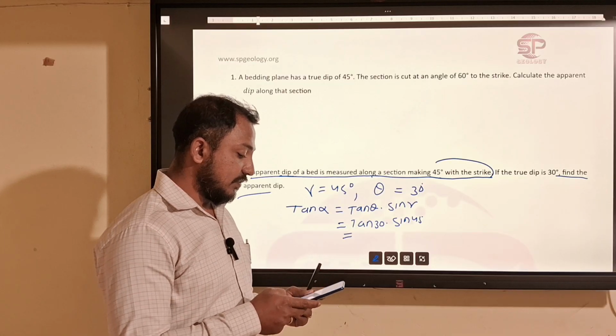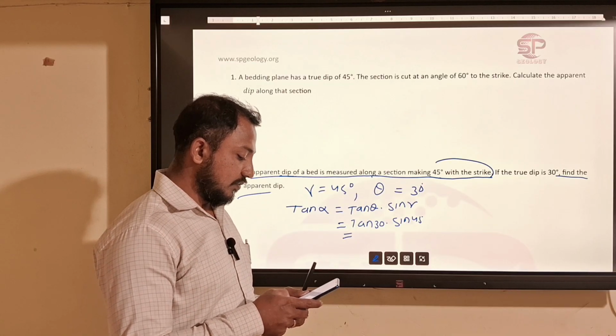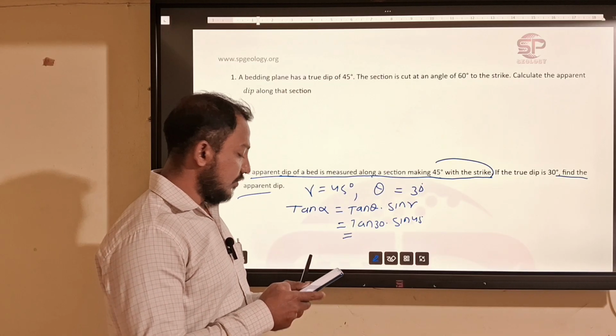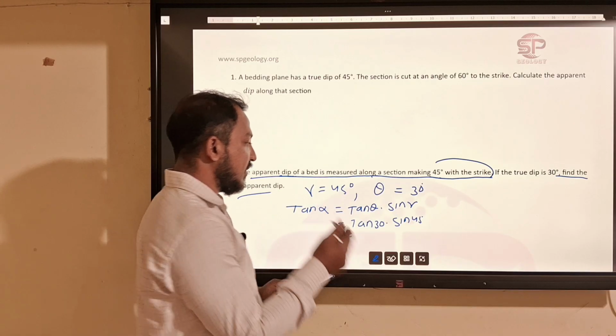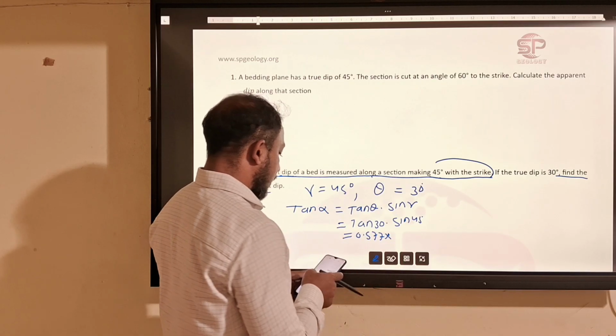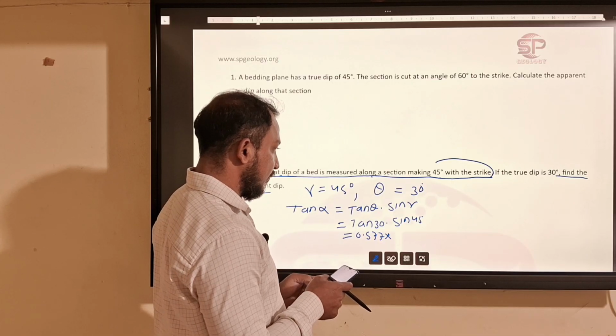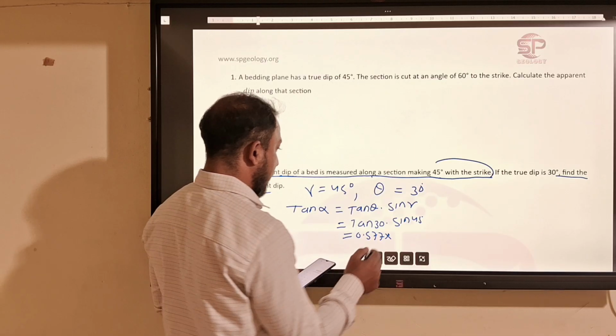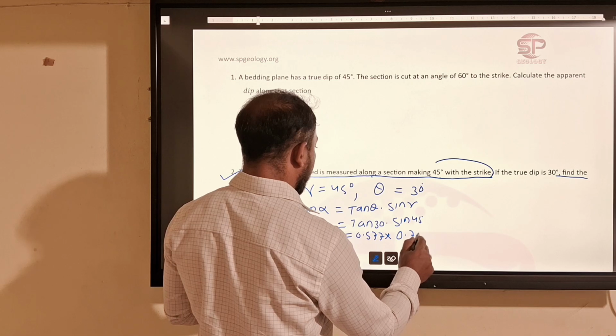Tan 30 will be 0.577. Then sine 45 will be 0.707.